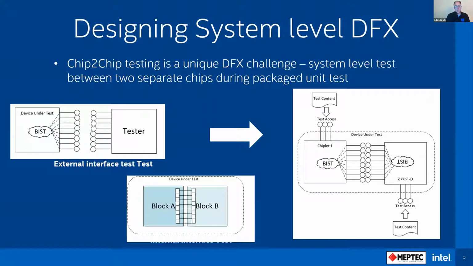So any DFX team is going to put this on their list of things they need to do if they're designing an IO or abutting 2 blocks together. At the system level, one of the things we need to do is combine these things from multiple vendors and make sure these chips can talk to each other.